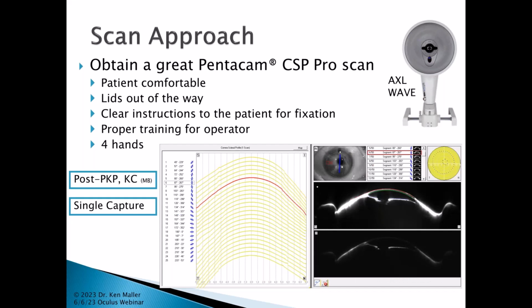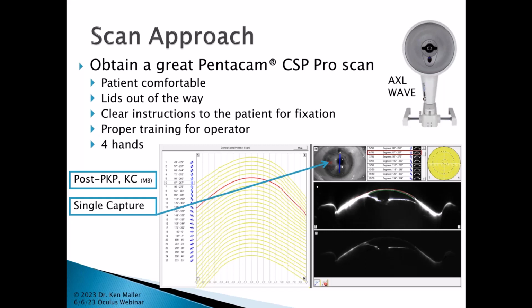If we take a look at that particular patient's scan, you can see in the upper picture there, I have the cross-section selected on the vertical meridian. That's number 6 there. It's virtually 90 degrees.